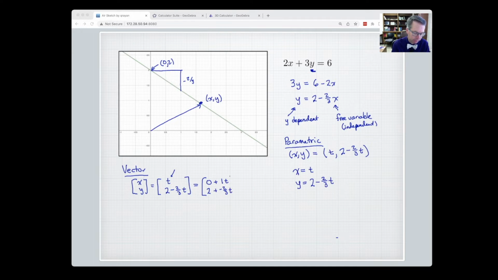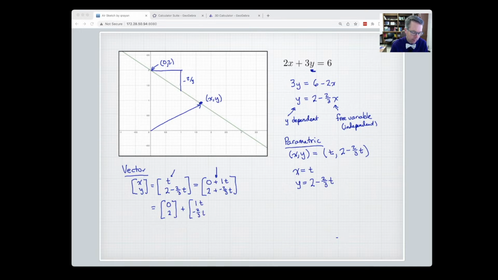The formula for y is already sort of written out, but we're going to explicitly think of minus 2/3 t as adding a multiple, negative 2/3 t. So now our formula has a constant plus a multiple of t. And the way that vector addition works, I can think of that as being two different vectors added together: I've got the vector (0, 2), and that's being added to the vector (1t, negative 2/3 t).